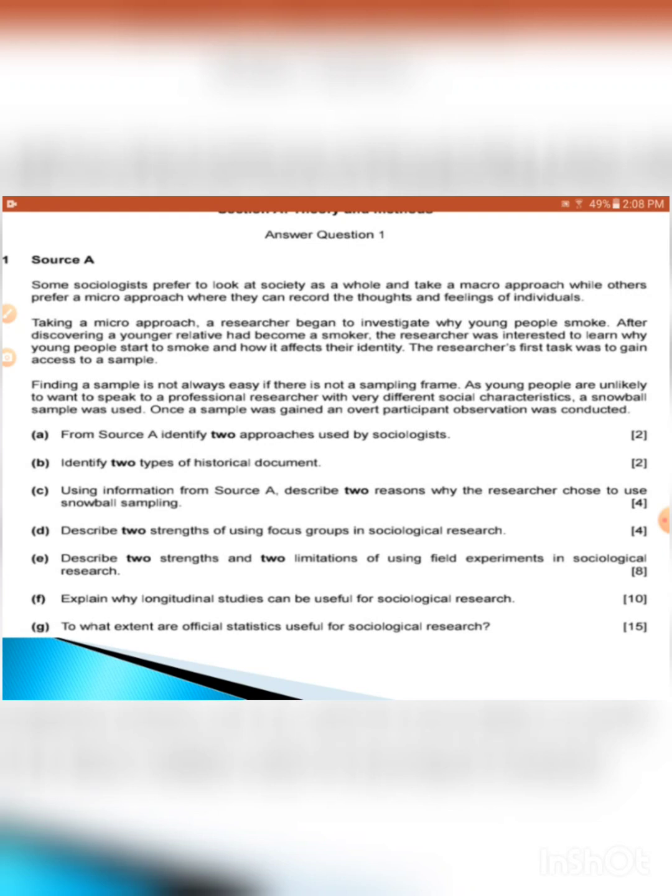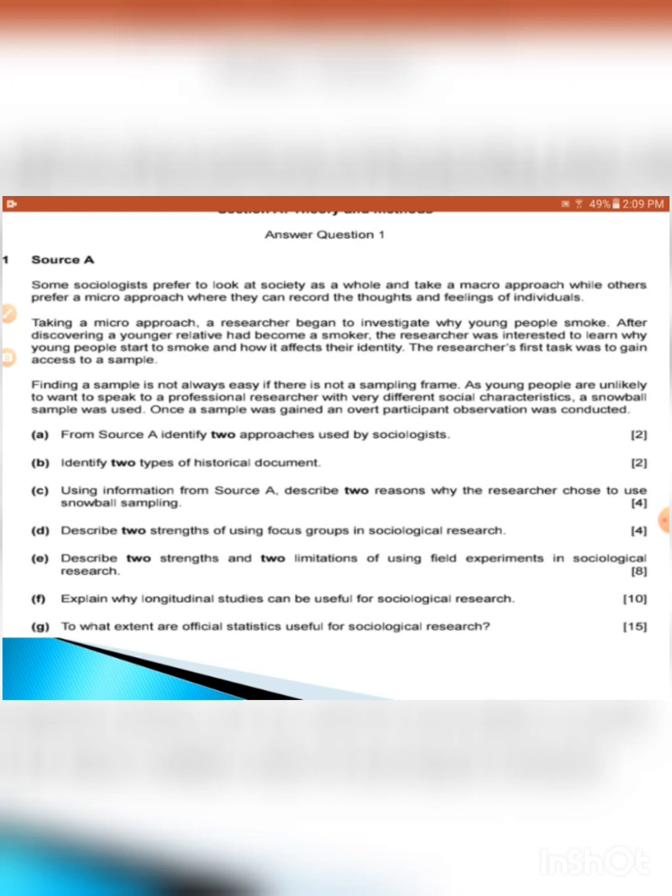So the source is basically telling you about the interpretivist approach. If you figure out this word micro approach, it will click in your mind that it's talking about the interpretivist approach. Then all the things that relate to the interpretivist approach, such as no generalization, validity, accurate data, qualitative research, are going to click in your mind.